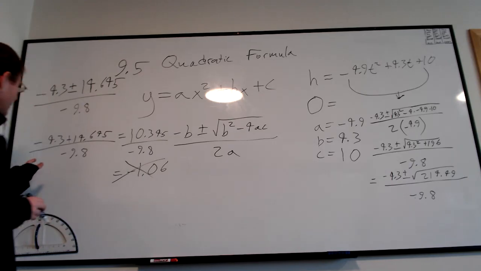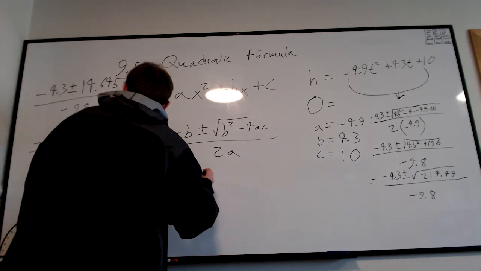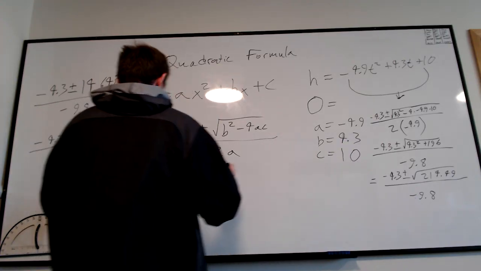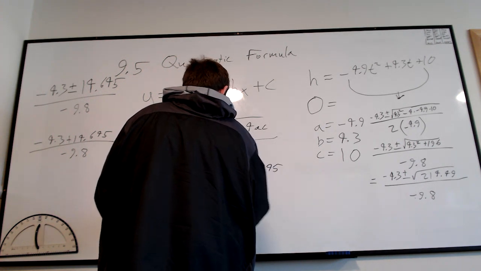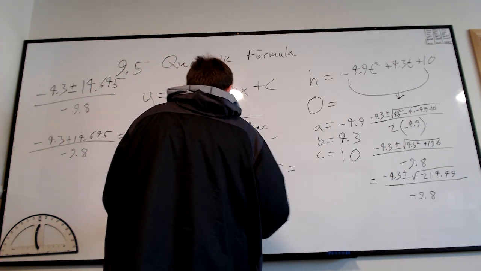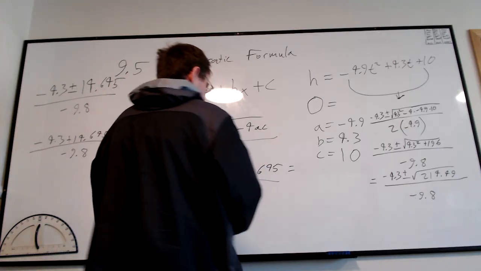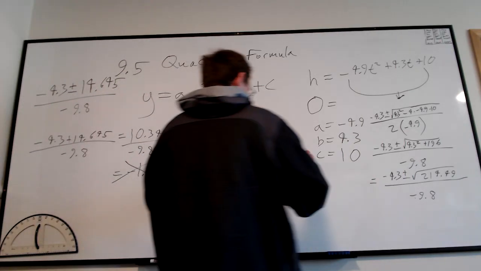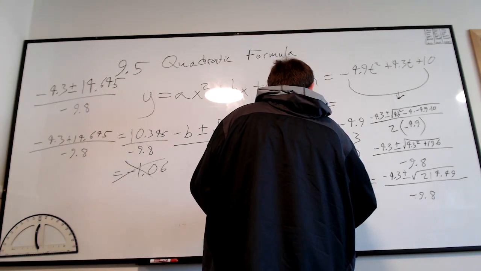So then we go back and ask, what happens if we take negative 4.3 minus 14.645? What does that equal? Negative 18.945.